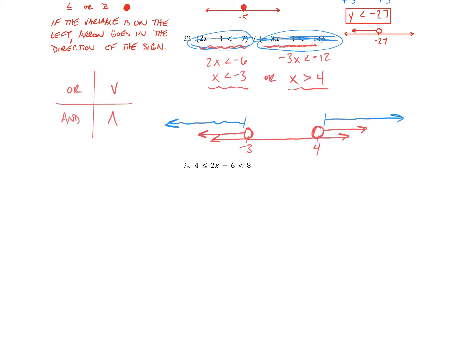Well, I would say starting from negative infinity all the way up to negative 3, and I'm going to use parentheses because I don't want to include either of those values. I would use a bracket if I wanted to include the number negative 3. Or 4 to infinity. So this is another way that I could write the solution to this inequality.